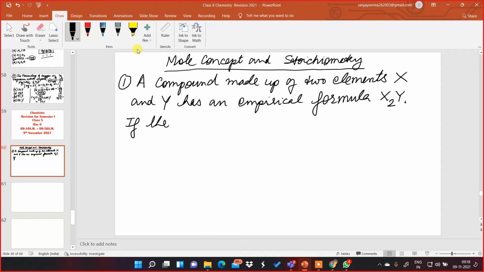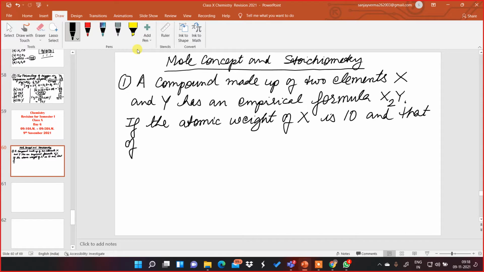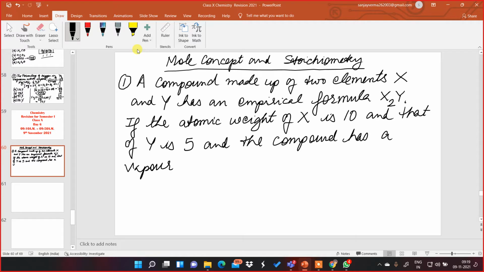If the atomic weight of x is 10 and that of y is 5, and the compound has a vapor density 25, what is its molecular formula?